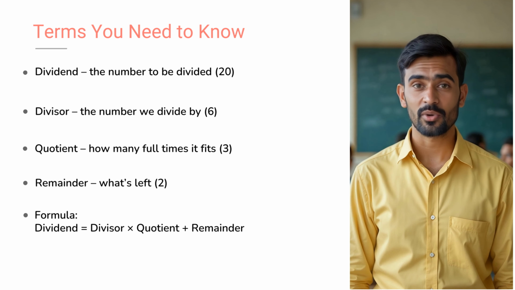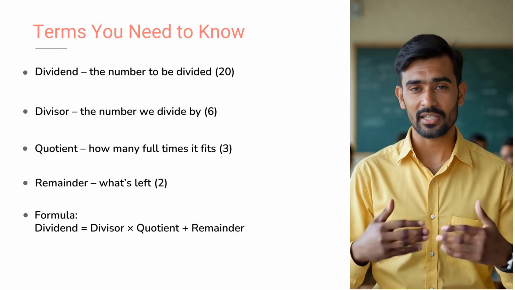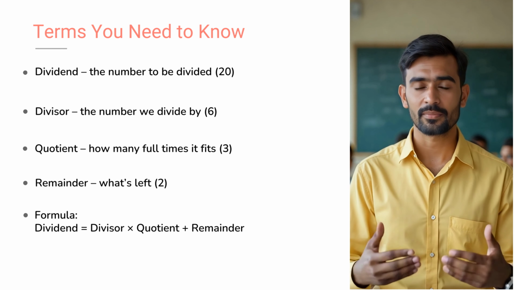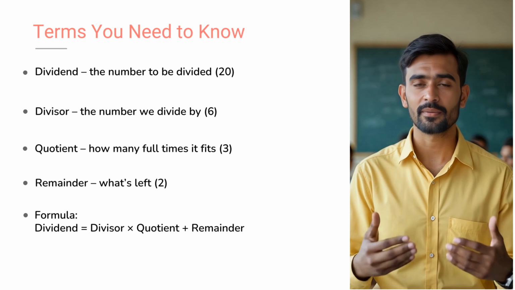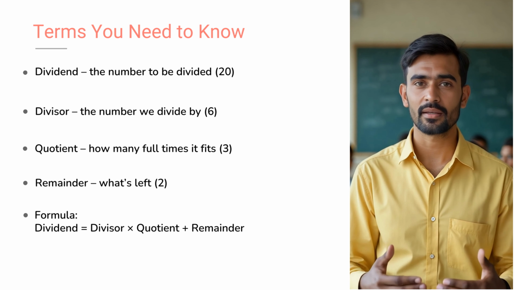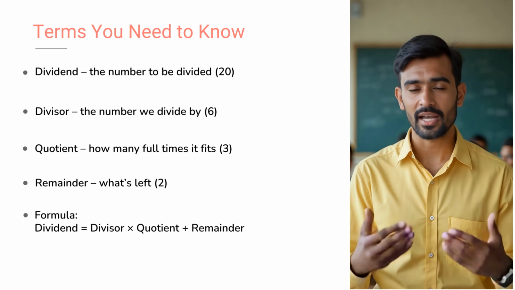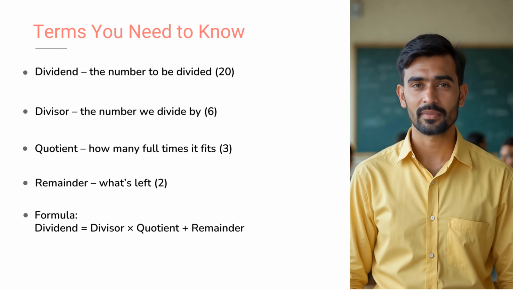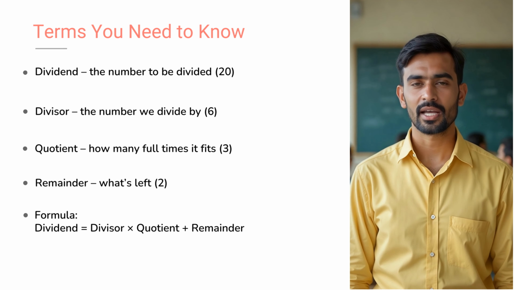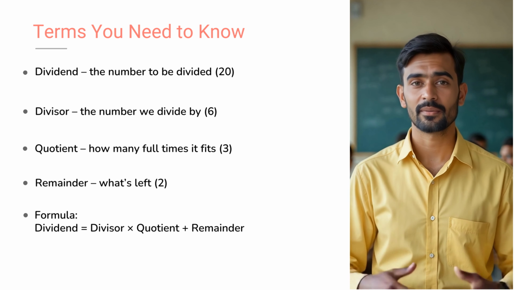Before we dive deeper, let's make sure we are speaking the same math language. First up, dividend. This is the number you want to split. In our example, that's 20. Next, the divisor, the number you are dividing by. That's 6. Then comes the quotient, how many full times the divisor fits in.